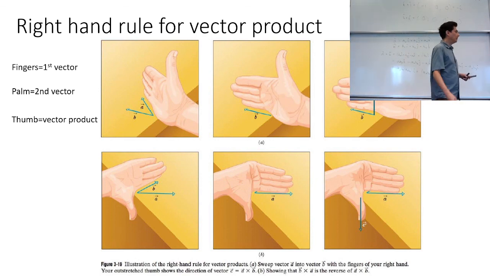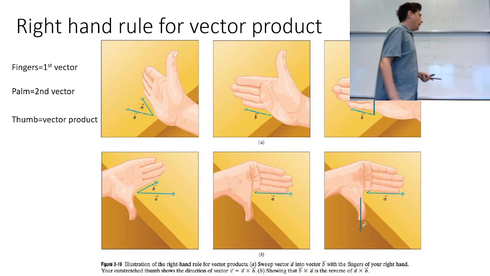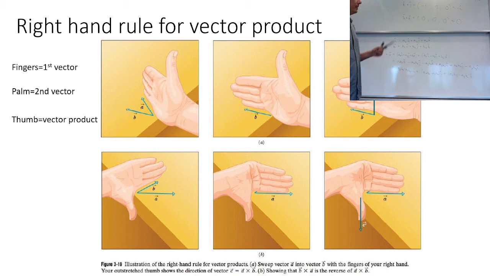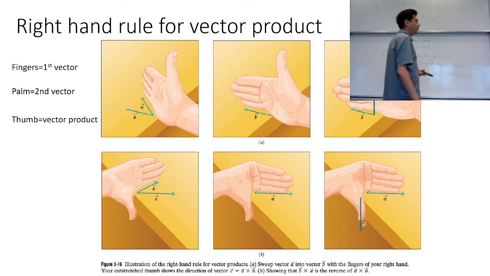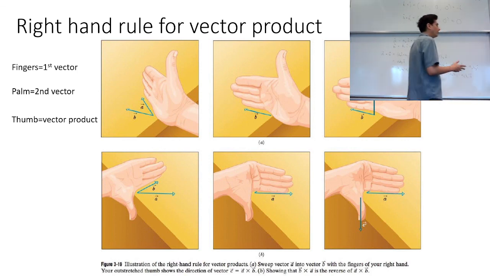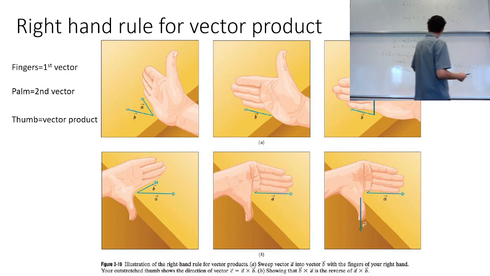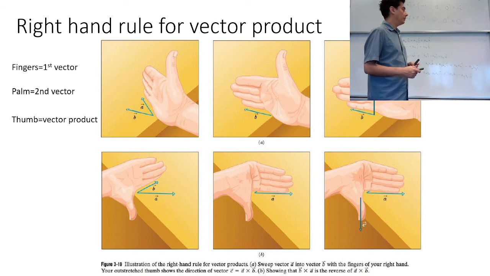When you learn electromagnetism, you're often doing things like this. But it's a more general rule in a way, because this is basically the rule for working out which direction a vector will point after you do a vector product.